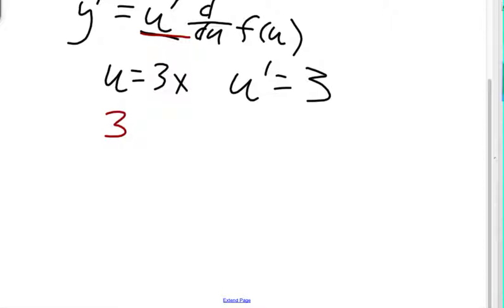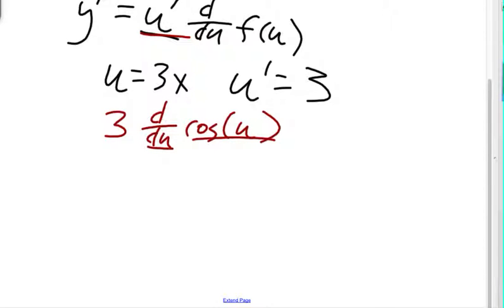Okay, now my original function, if you remember right, up on top was cosine of 3x. So now I want to find d/du of cosine of u, and I'm going to replace my 3x with a u. All right, well, so the derivative of cosine is negative sine.